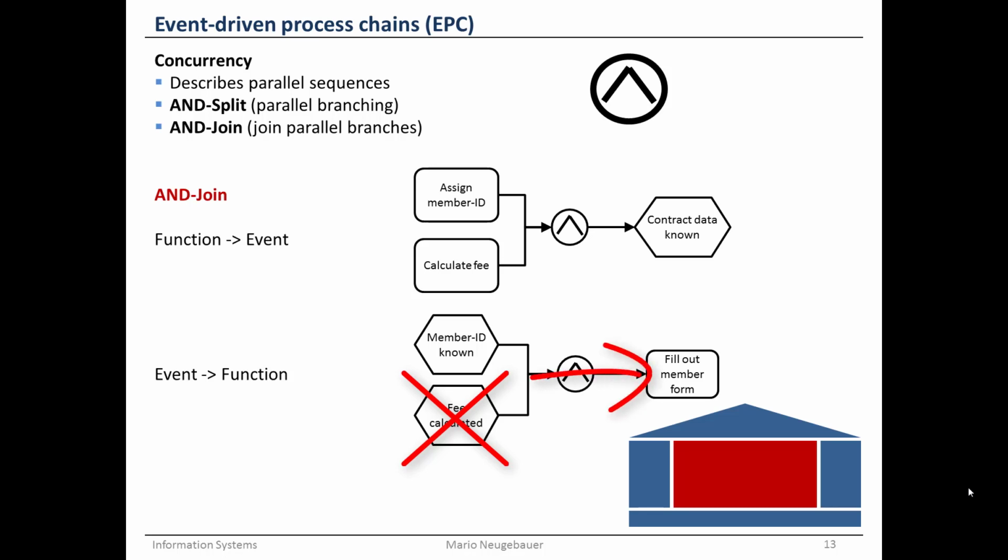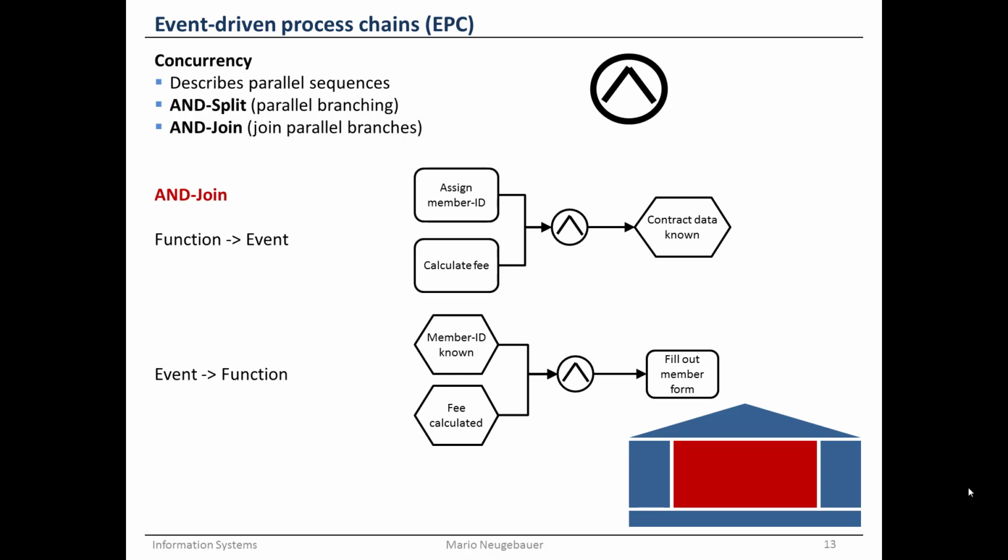That's not possible. That's not allowed. You only can fill out the member form if you arrive with both events. If you arrive with member ID known and fee calculated. That's actually the main character of the AND join. You have to have both sequences finished with these events. And then you're allowed to perform the AND join and to continue with fill out member form.